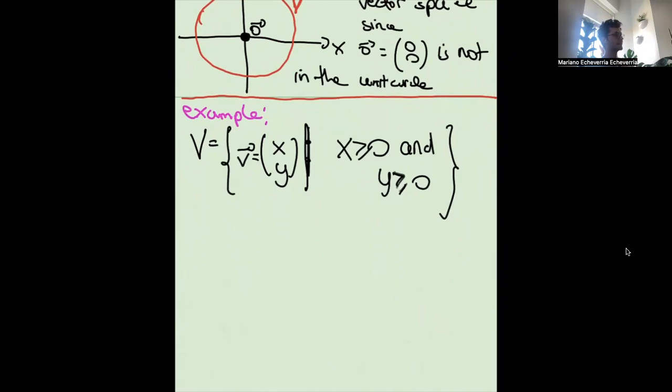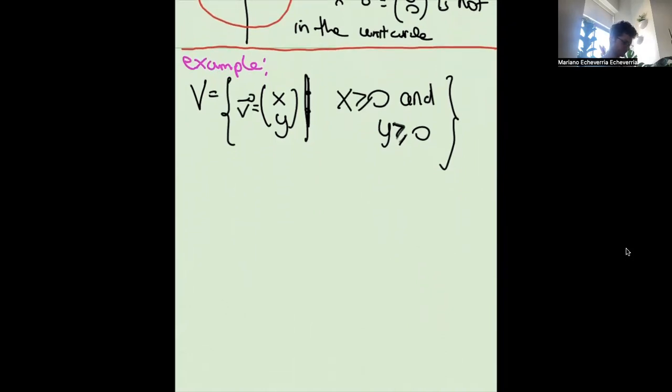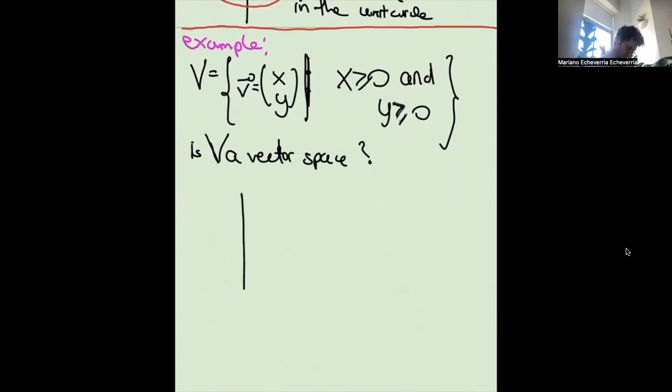So what do you think in this case? First, we should try to identify it. What does V correspond to? What is V in this picture?